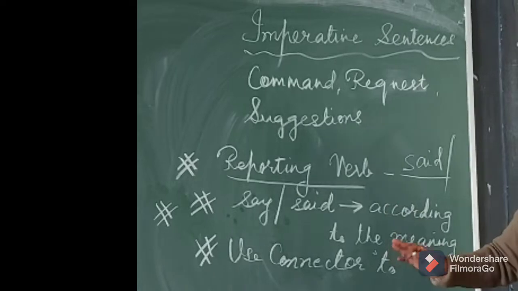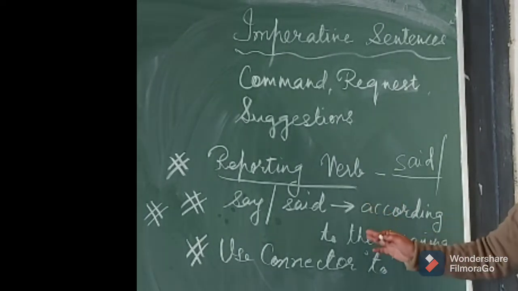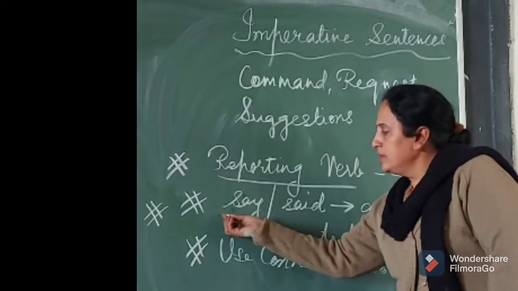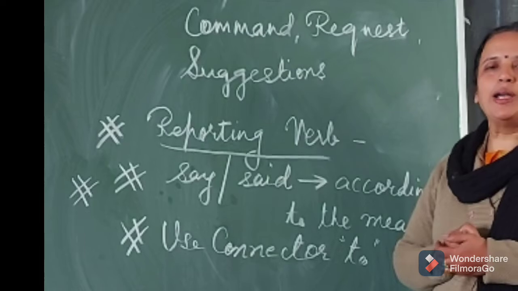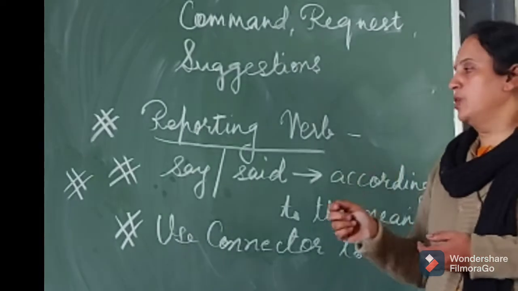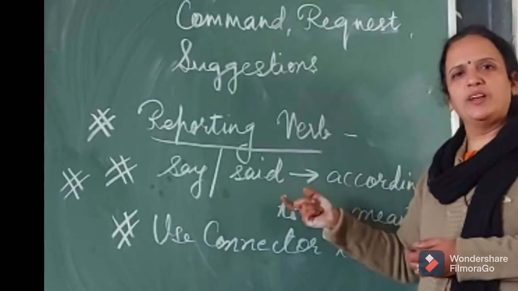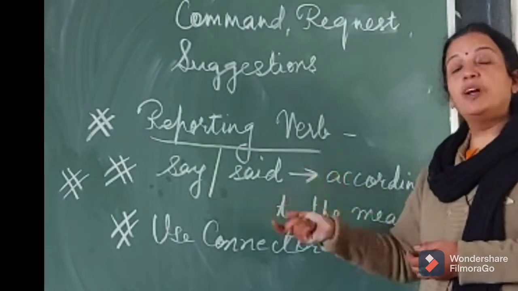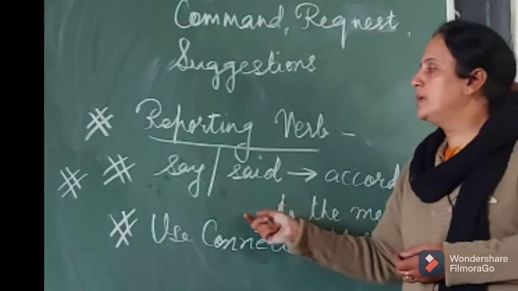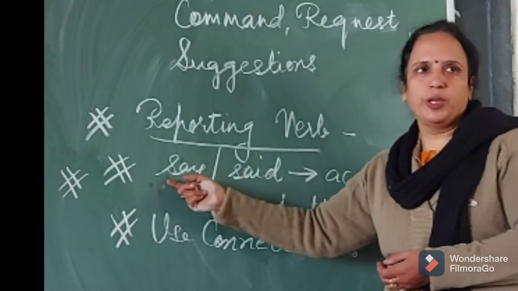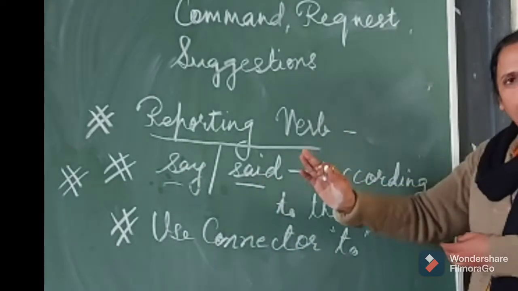But if you find in the reporting verb some imperative sentence is given, then, as you are well aware, when we find say or said, we have to bring the change in the tenses. But if you find the imperative form of the sentence, with say and said in the reporting verb, what do you have to do?